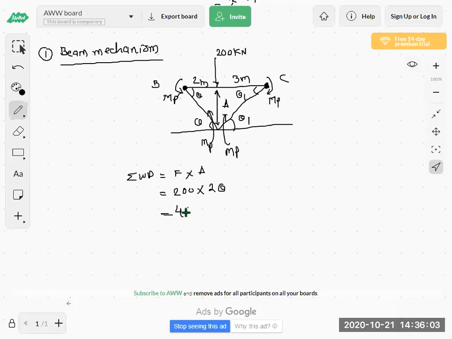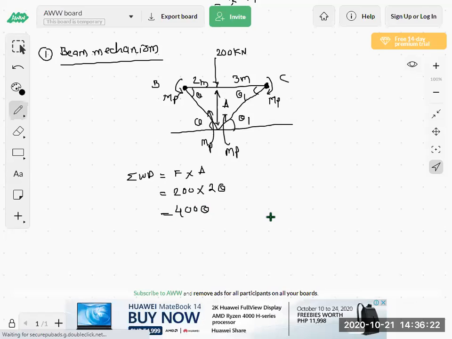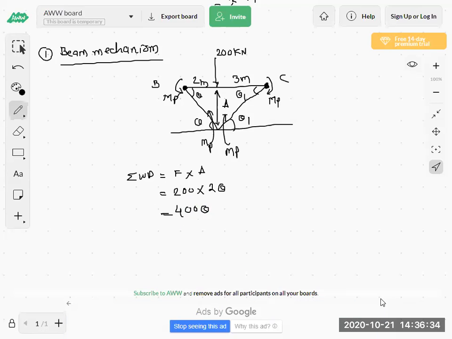So here 400 theta is the external work done. Are you getting? Here external work done is the force into displacement. So force is 200 kilonewton and displacement is 2 theta. So total 400 theta.